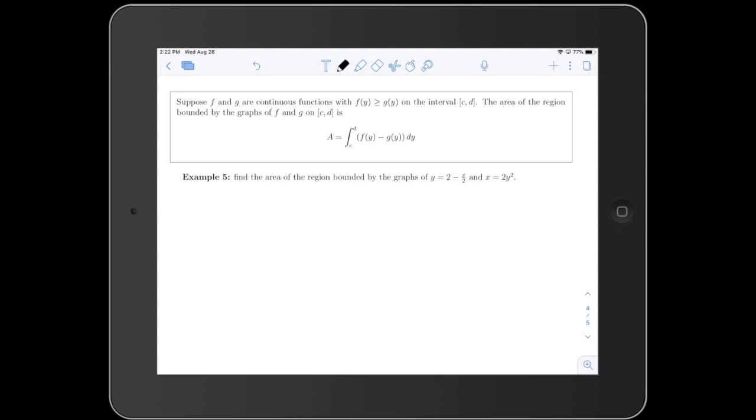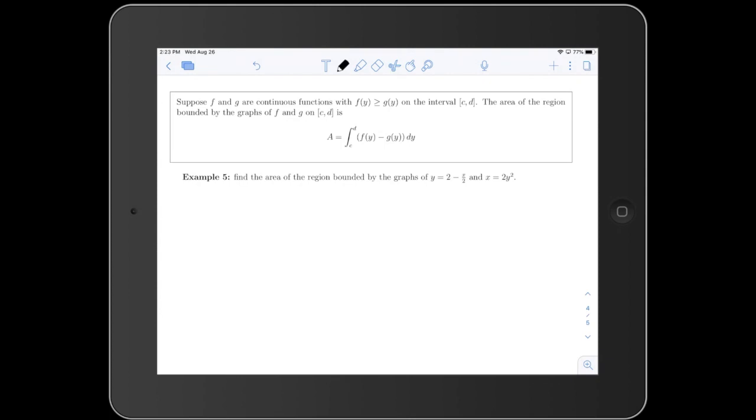Really fundamentally, we're not doing anything extremely different. What we're doing is rotating the plane, and now y is the independent variable and x is the dependent variable. That's all there is to it. As far as the actual mathematics and computations, we're not going to be doing anything too different.